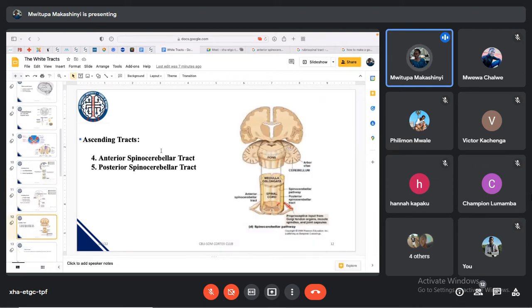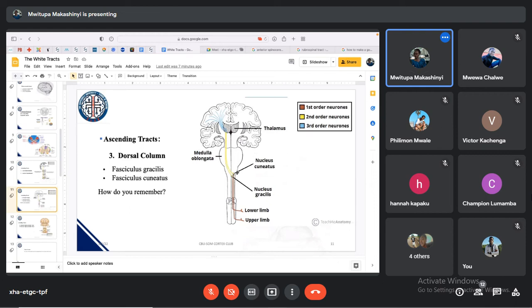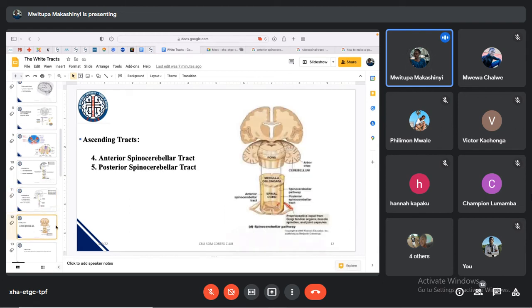Okay, and then the position on the spinal cord, as was already seen, it's in the dorsal column, hence the name. All right, and then the last types of ascending tracts are the anterior and posterior spinocerebellar tracts.